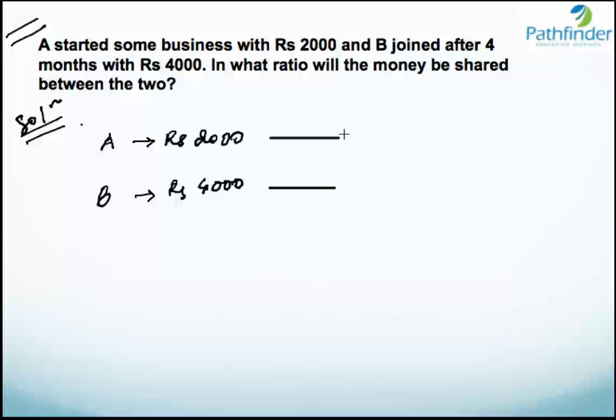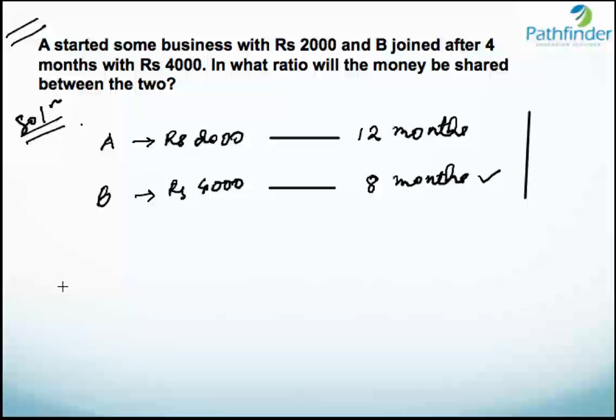So we can say that A has been in business for a full period of 12 months while B has been there only for a period of 8 months. So we can see very clearly that this is a case of compounded partnership because the time periods of both these people are not the same.